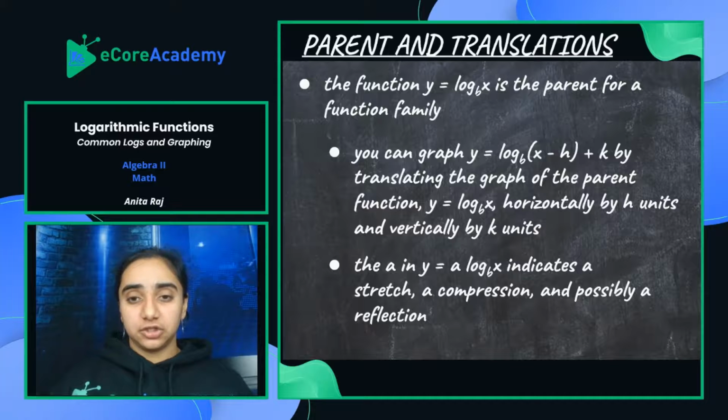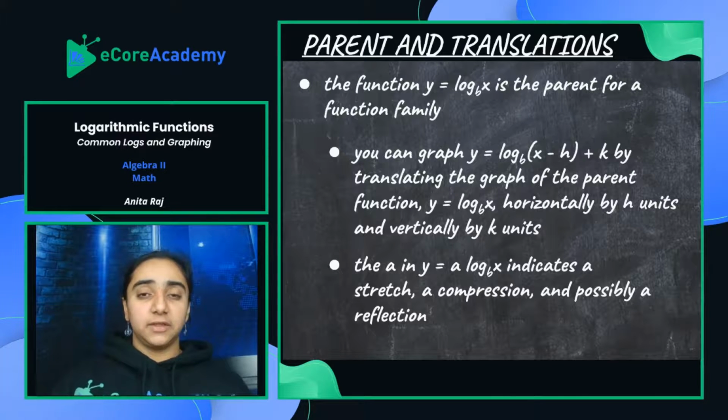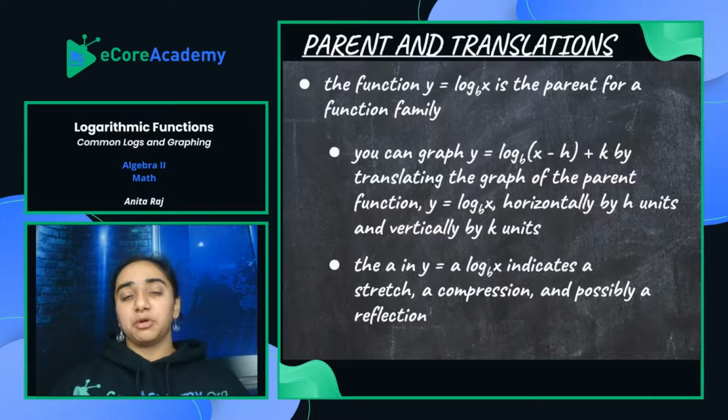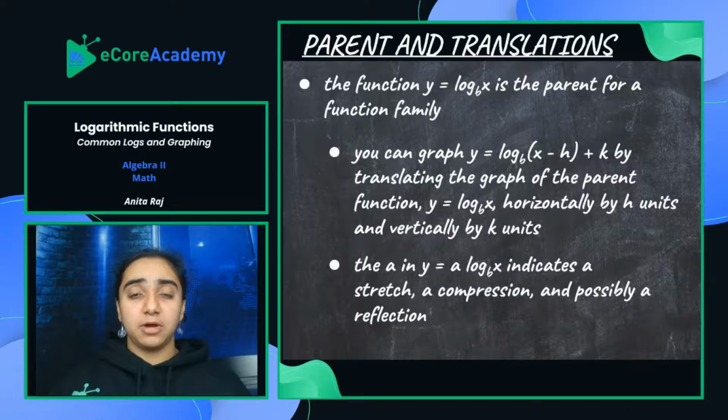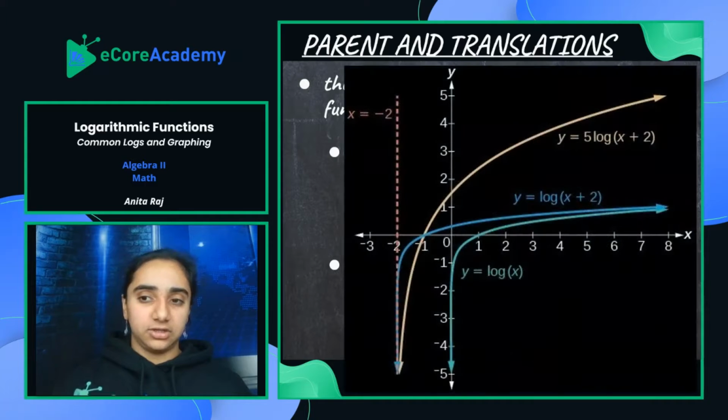So if a is greater than 1 or less than -1, you'll have a stretch, and it'll also depend if a is between 0 and 1, which gives a compression, and if a is also a negative number, you'll have a reflection. It's pretty much the same concept we were looking at with parabolas, depending on whatever a was in standard form. So that's very similar to the log functions, and it'll go more into depth in the next slide after I show you this image.